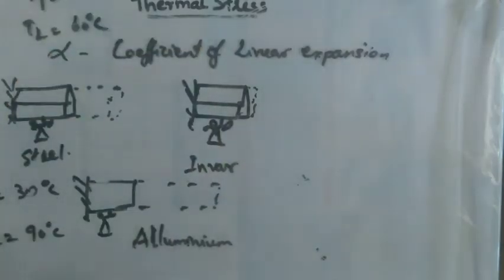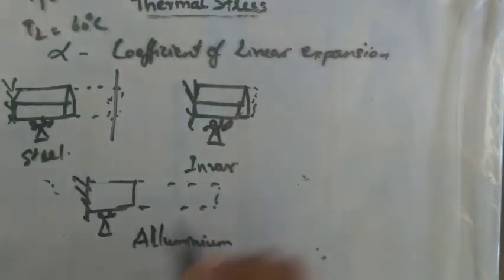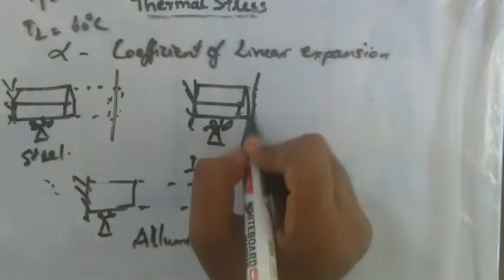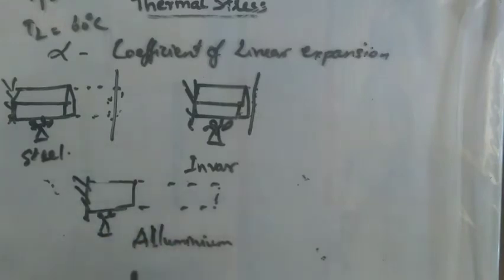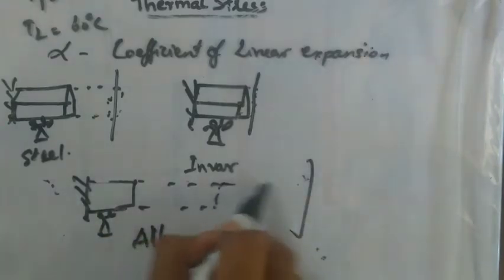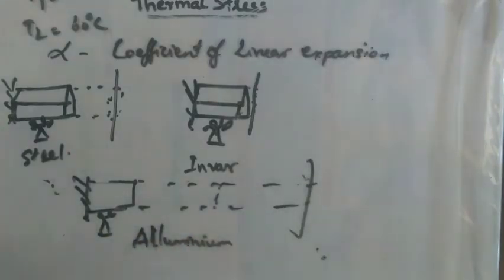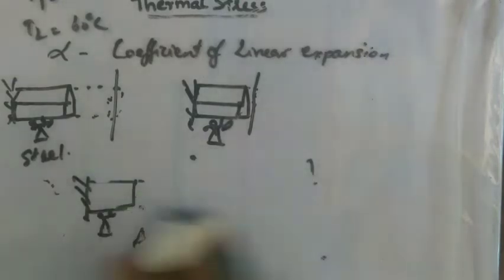In that condition, steel will be expanding till this end, invar will be expanding just a little, and aluminium will be expanding so much, maybe till here. So why does the question arise? Various materials expand to various sizes. The reason is the coefficient of linear expansion.